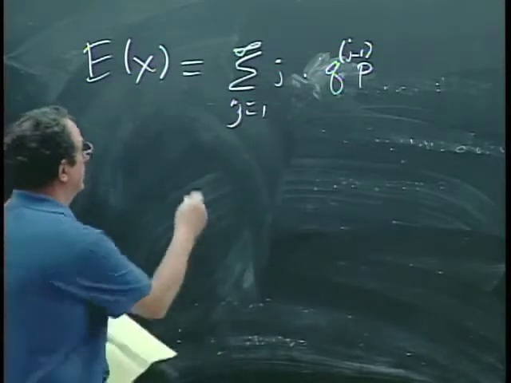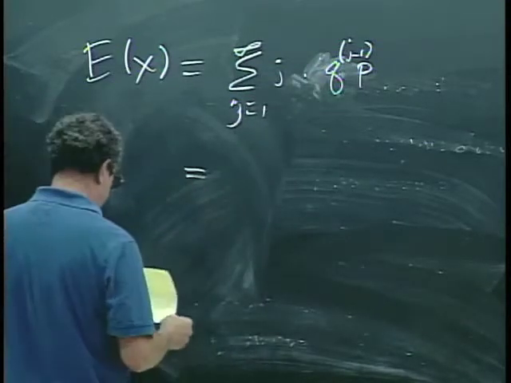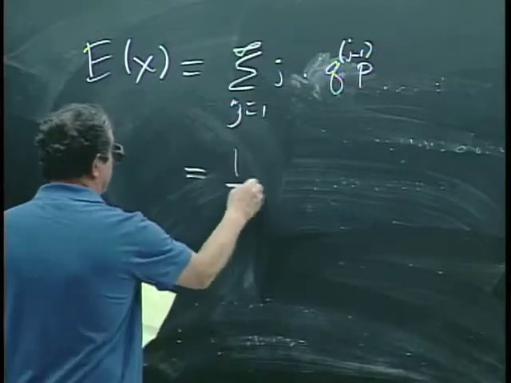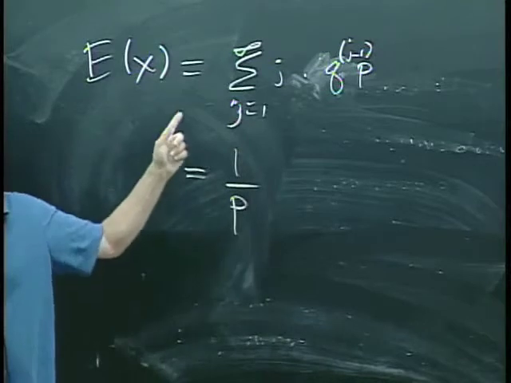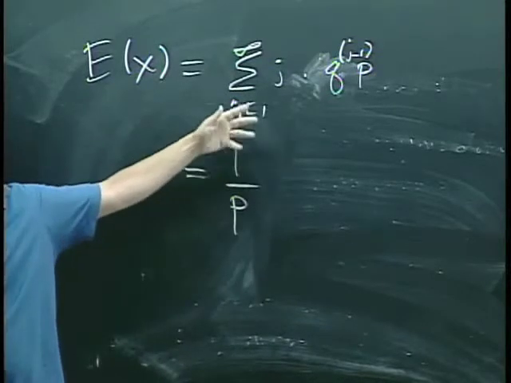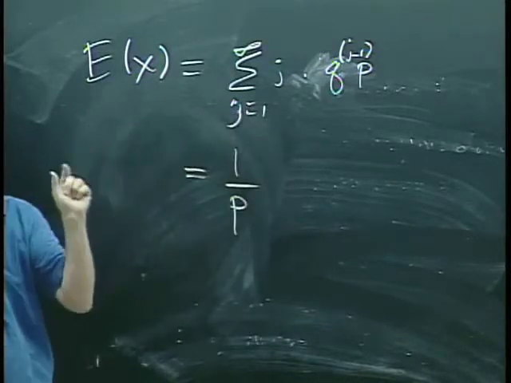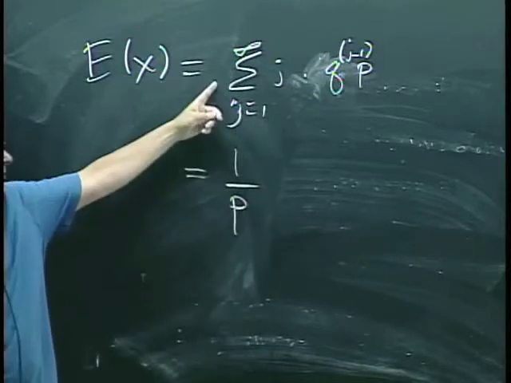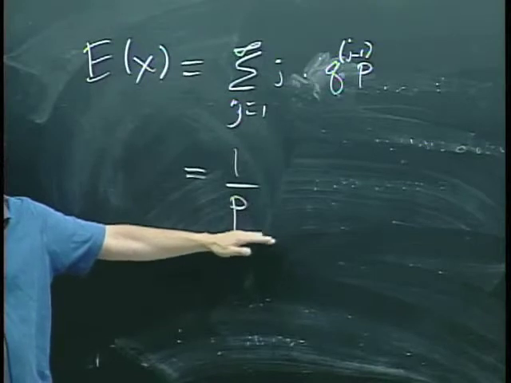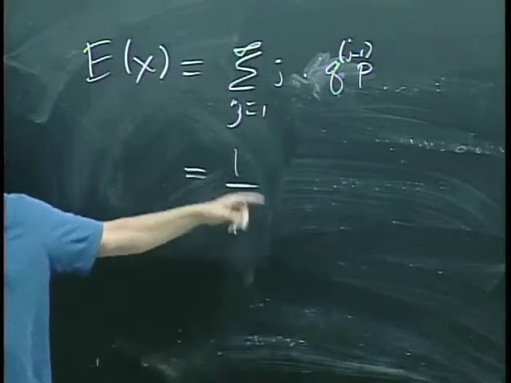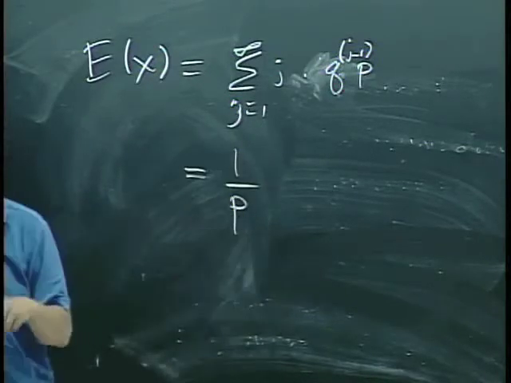And you get to the following answer: 1 over p. If you want to see the real derivation, it's not that hard, it's half a page long, but it's got a cute trick in it. You can look that up on the website. The book does it also, but they leave out the trick.